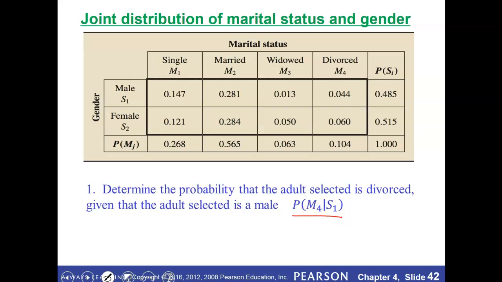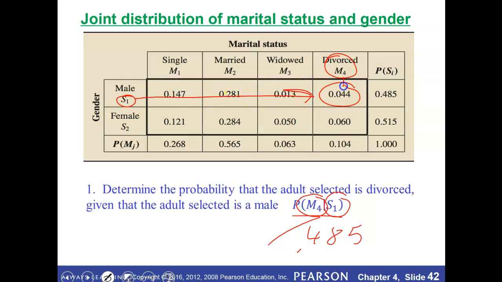So we're given that it's a male, that's S1. That's going to be in the denominator, so it's going to be 0.485. And we want to know the probability that the adult selected is divorced. Well, that's M4. So we're going to take the probability of both M4 and that you're a male.